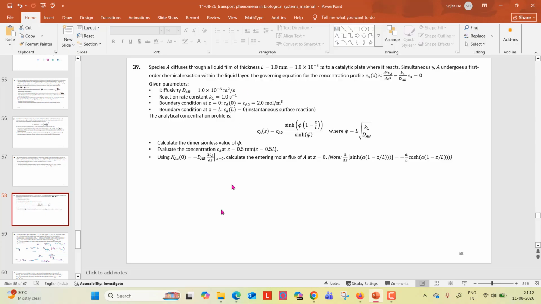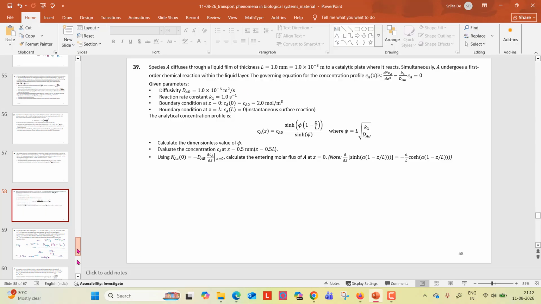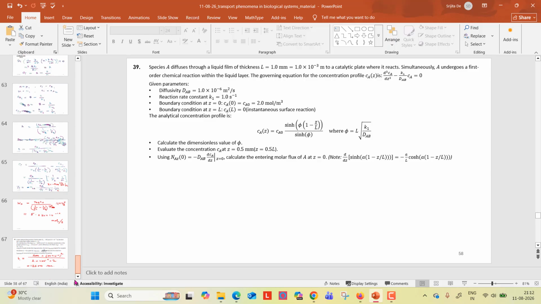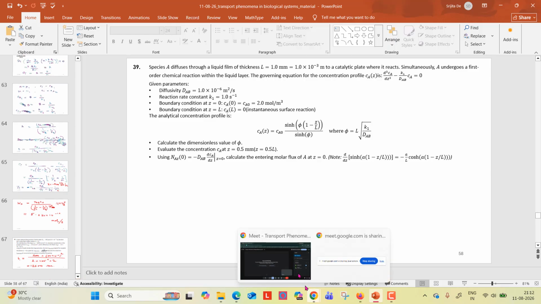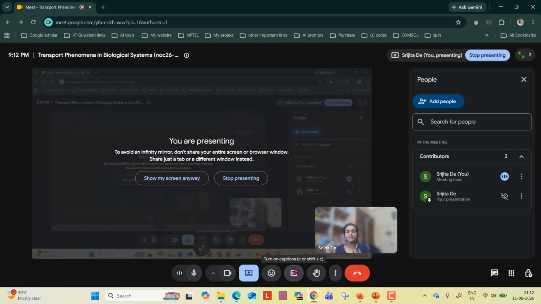Till now, I think you have understood the derivation. You have to do the derivation yourself to understand it. Just by seeing, you cannot remember. You have to do it with pen and paper. This type of equation will come in your exam also, and in GATE also, this will help if you solve these things on your own.